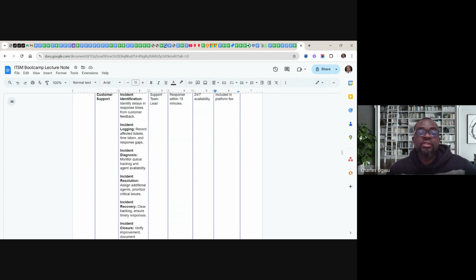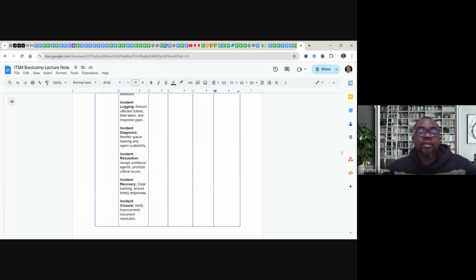For incident recovery, clear the backlog, ensure timely response, and verify improvement within the SLA, then just verify and close the ticket.